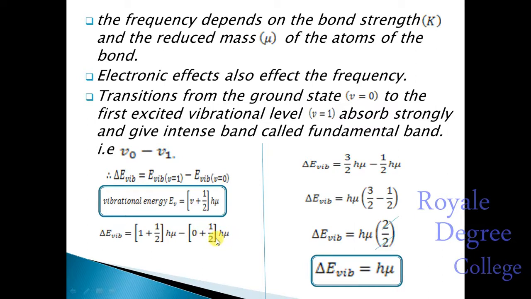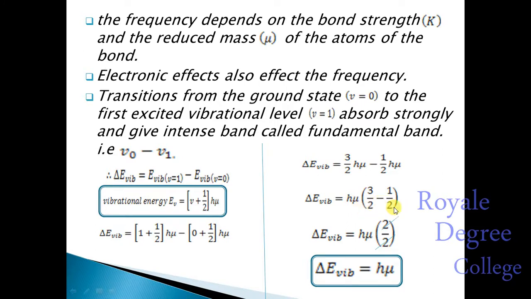In the next step, look at this: 2 into 1 gives 2, plus 1, 3. So 3 by 2 h mu, then minus 0 plus half, you will get half, so 1 by 2 h mu. h mu is common, so we take h mu as common in the next step. Now we can write 3 by 2 minus 1 by 2.